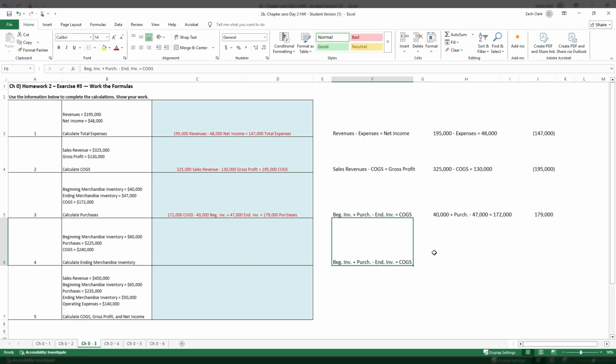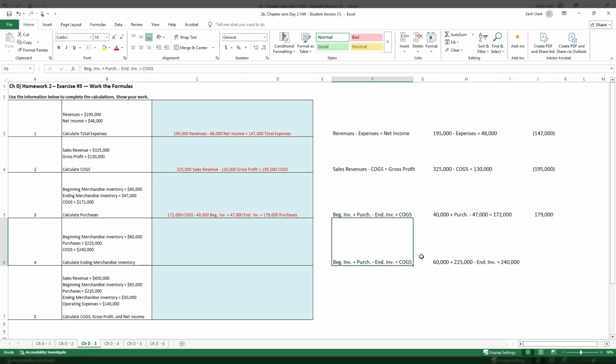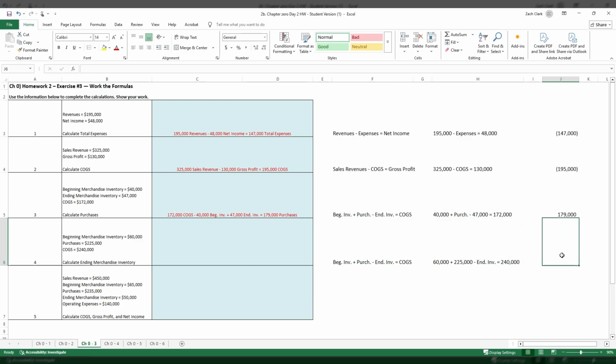We know purchases, so let's fill this out. 60,000 plus 225,000 of purchases, minus, what are we solving for, ending merchandise, so minus something we don't know yet, equals 240,000. That's just taking this equation, putting the numbers where we can, and then isolating our ending inventory variable.